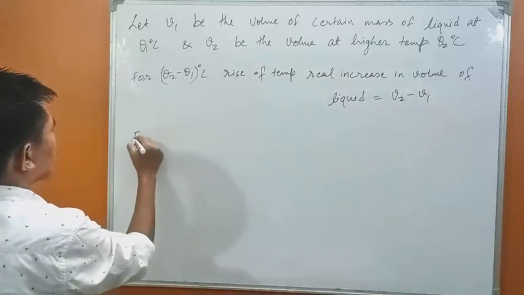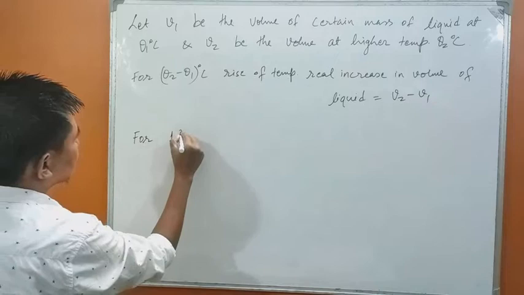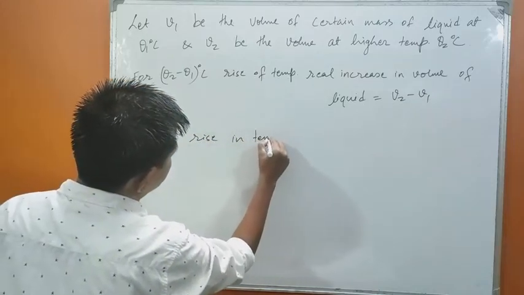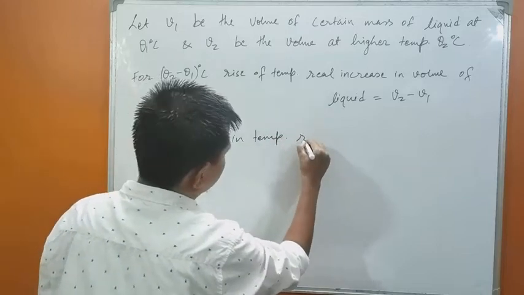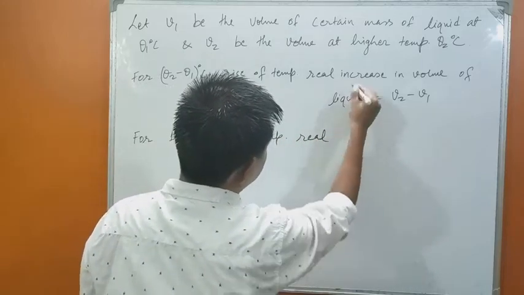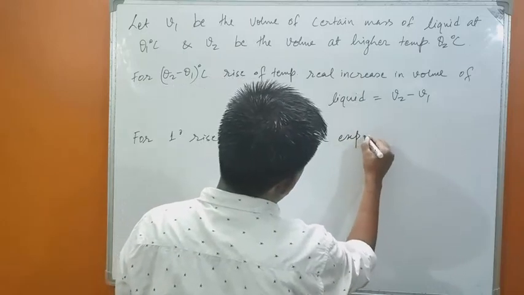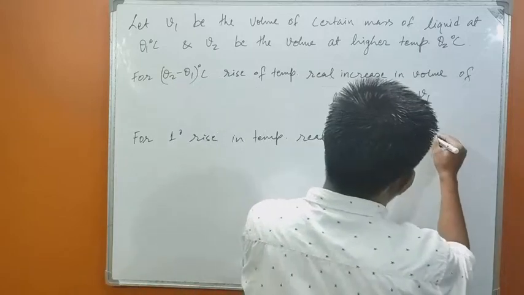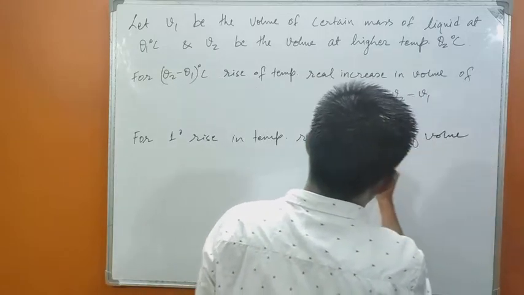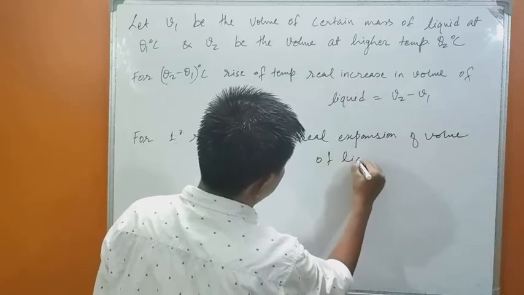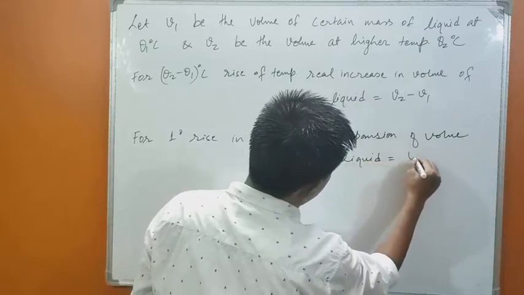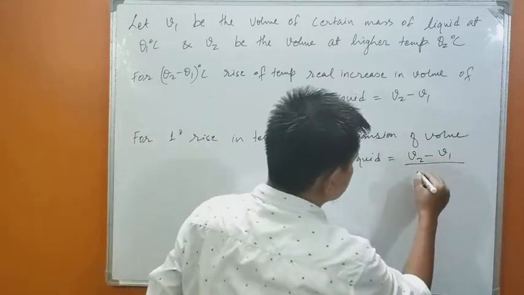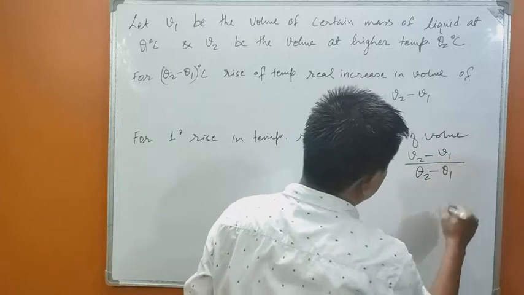So unitary method now. For 1 degree rise in temperature, real expansion of volume of liquid equal to V2 minus V1 upon θ2 minus θ1.